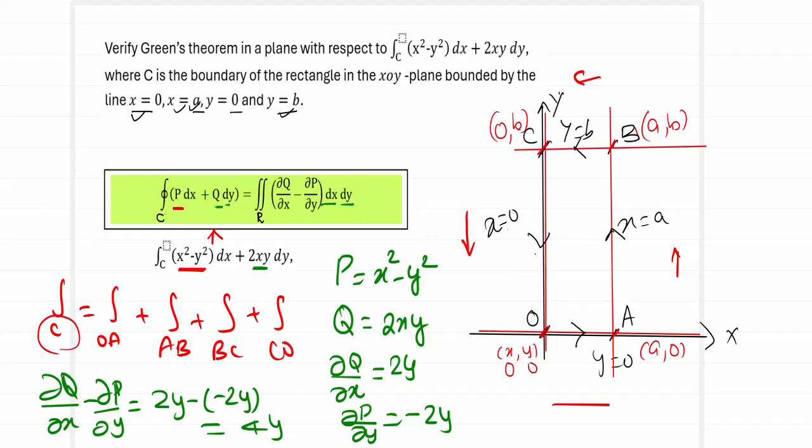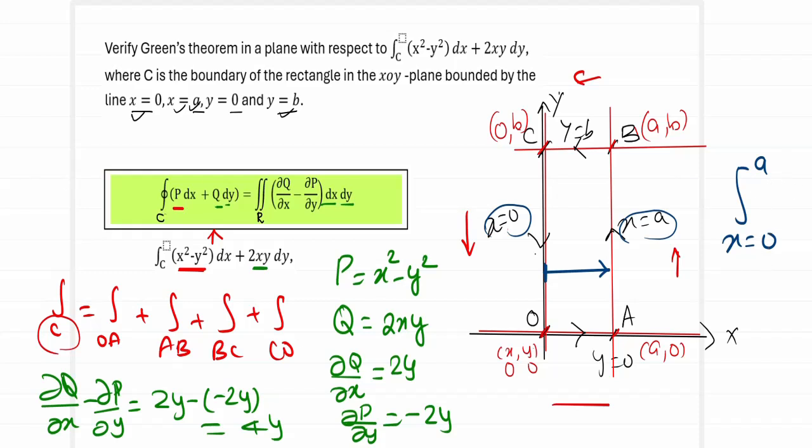So where does my x vary from and to? My x varies from 0 to a. So the limit for my x will be from 0 to a. This fixes the limit for my x direction.